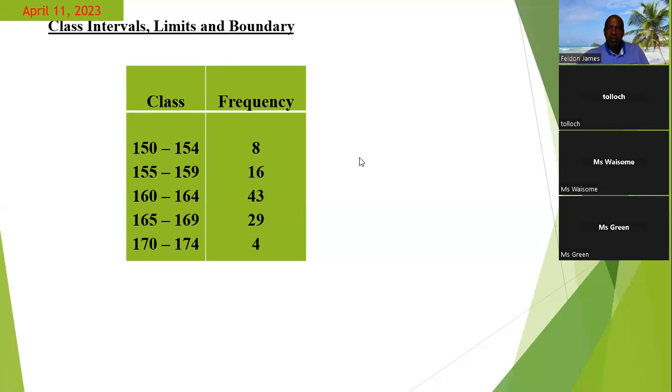And why do you think this is so? Ms. Waysam, why do you think a wall would not give you the boundary? Ms. Waysam, I was saying to you that we are trying to get the idea of limit and boundary.